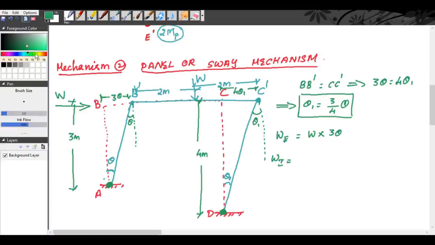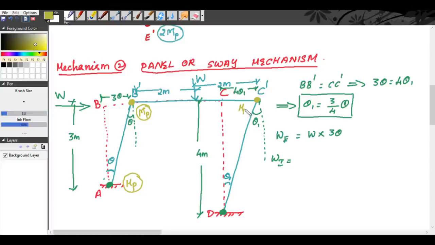So what we get is internal work done. Okay, before that, we will write the value of plastic moment. So at A, the plastic moment will be MP. At B, there is a hinge at B. So at B, the plastic moment is the lower of the column and the beams. So it is MP. At C, there is a plastic hinge. So the plastic moment is lower of the plastic moment of beam BC and column CD.